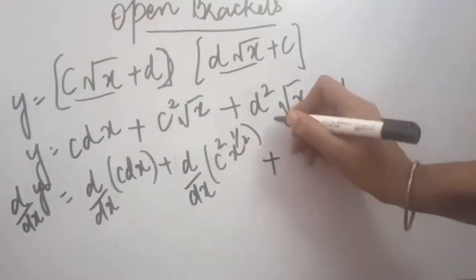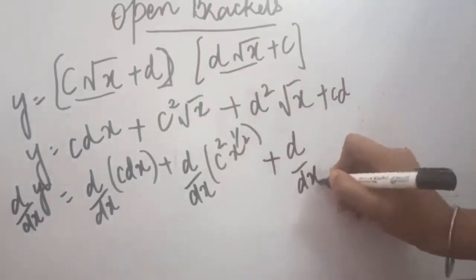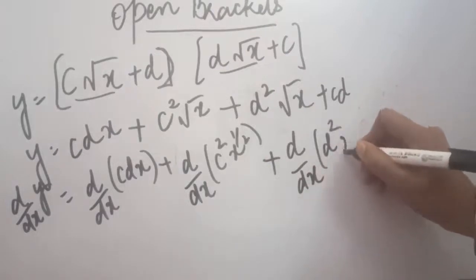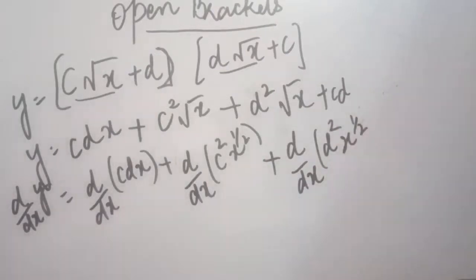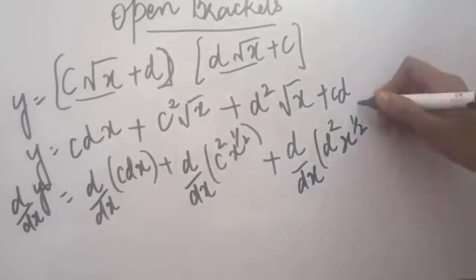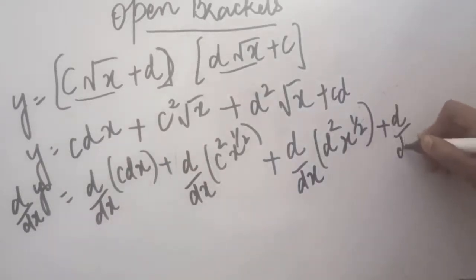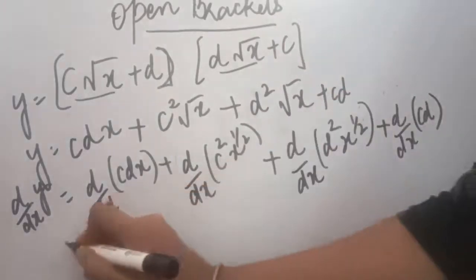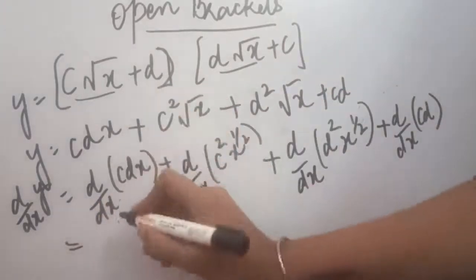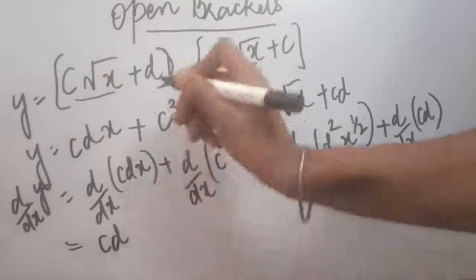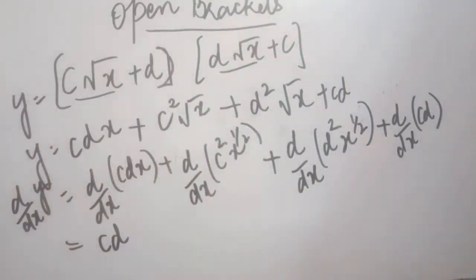Moving further, again we have to take the derivative of the third term. It is d square, again x power half, because with powers it is easier to take the derivative. Plus again d upon dx of the last term, that is cd. Now taking the derivative here, x power is 1, 1 will come further, cd, and x will have power 1 minus 1, that is 0. Having power 0 is equal to 1.